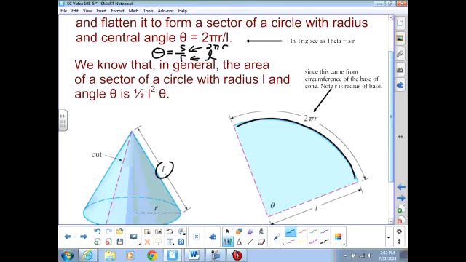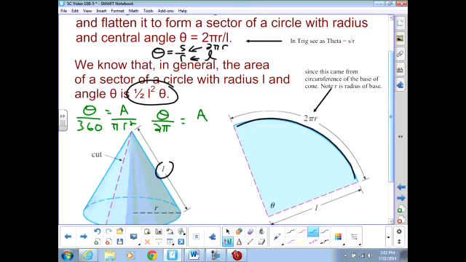Now they say here that our area of a sector is 1/2 L squared theta, where L is your radius. Let me show you where that comes from. Back in geometry, when you wanted to find areas of a sector, you use proportions, like theta over 360 equals your area of the sector over pi r squared. Well, let's just sub in the things we're working with here. We've still got theta. We're using radians, so instead of 360, we're doing 2 pi.